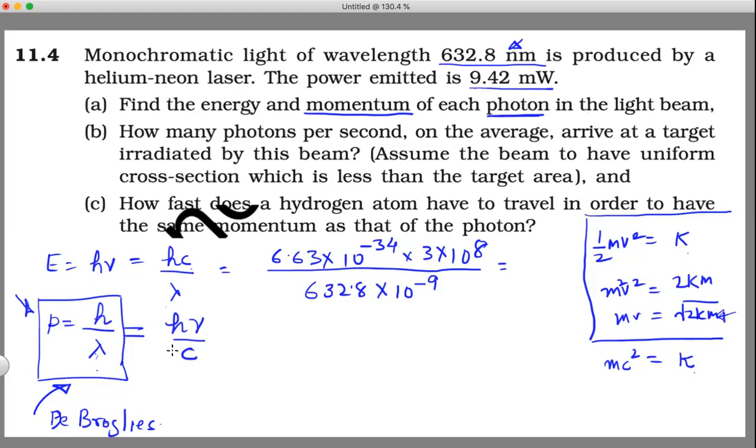You understood this point, how we will find the momentum of a photon? Anybody has doubt? Remember that the momentum of a photon is h by lambda or h nu by c. This is a relation we did during the lecture. This you have to remember.